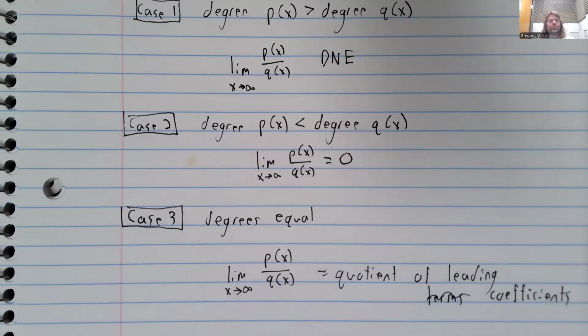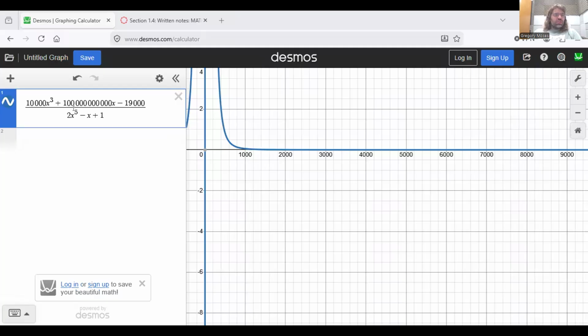So what do I mean by that? Well, let's take a look. Let's go to Desmos and let's make these degrees be the same. Let me just go to the denominator and change that 5 to a 3. So now we have a third degree polynomial over a third degree polynomial.